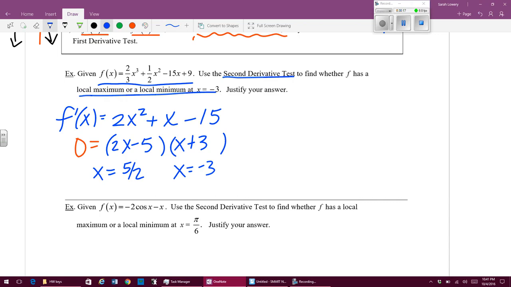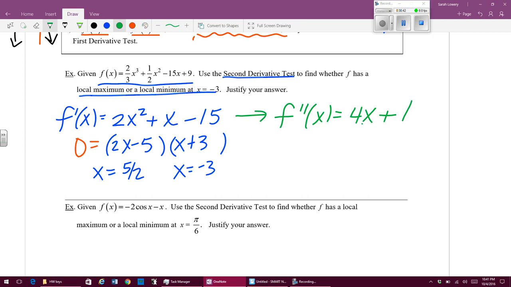Normally, we would verify using a first derivative sign chart that the function increases and then decreases to make them maxes or mins. But we're going to do something else. I'm actually going to find my second derivative. So continuing from this function, my second derivative would be 4x plus 1.